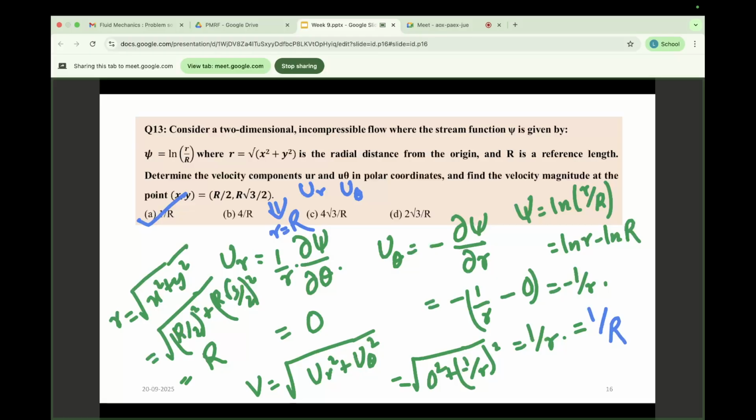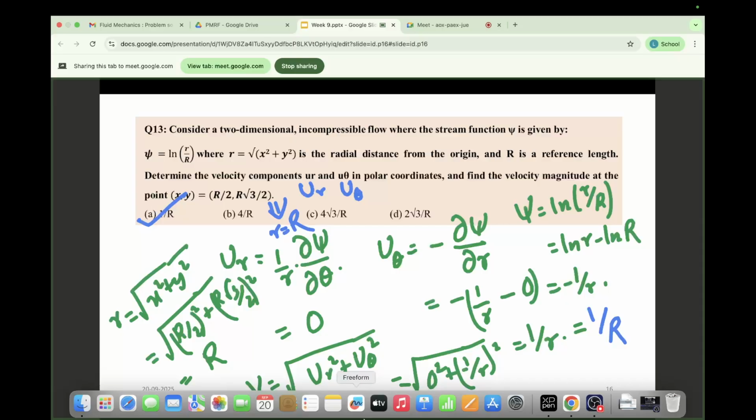You understand this concept? Initially, through the polar concept, we found u theta and u r, that means the velocity in the polar direction, and accordingly the velocity magnitude is 1 by r. Now the point is given in terms of x and y, that is Cartesian, not polar, so convert this Cartesian into polar.